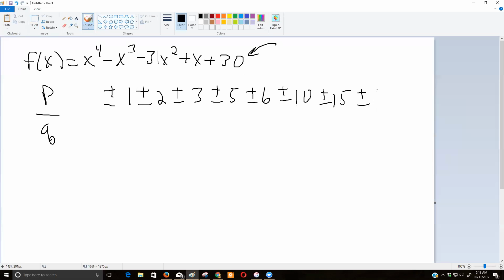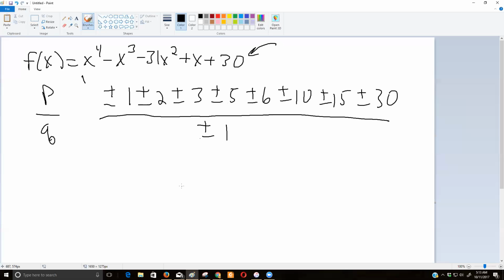I think I got them all paired up. And the leading coefficient is just 1, so I don't have to worry about any fractions for any possible rational roots here.